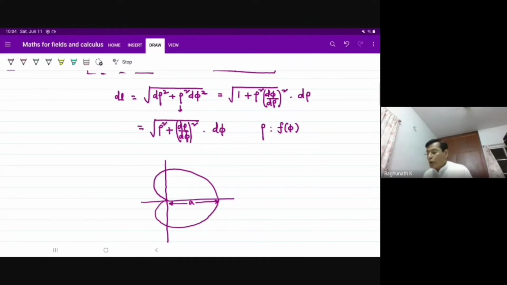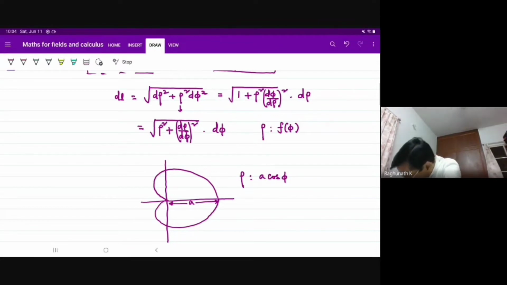Rho is equal to A plus A cos phi, A into 1 plus cos phi, correct?